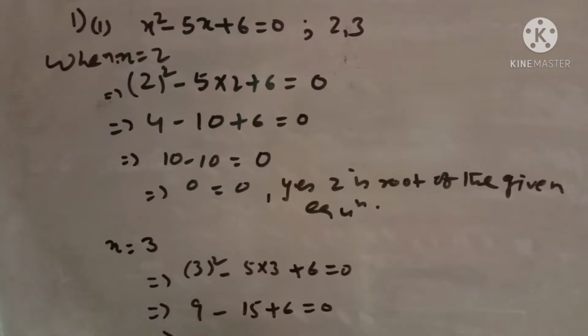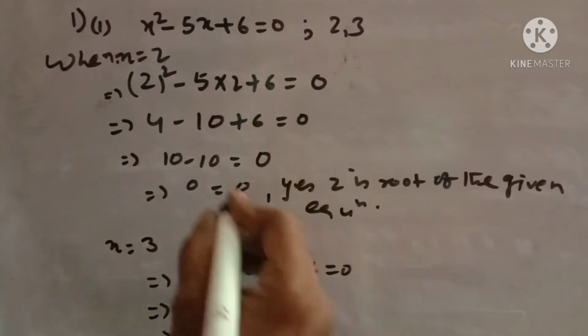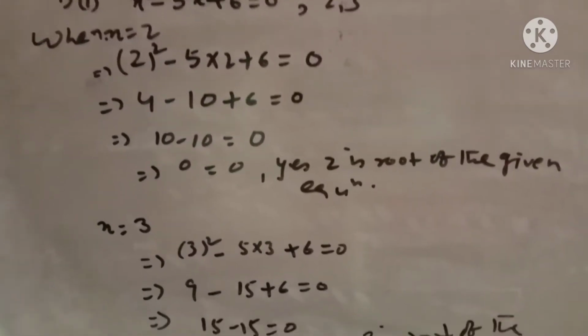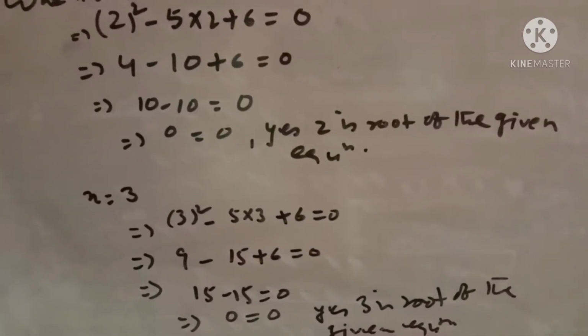This implies that 9 plus 6, 15 minus 15 equal to 0. Therefore 0 equal to 0, means LHS and RHS are equal. Yes, 3 is a root of the given equation. Write down please.